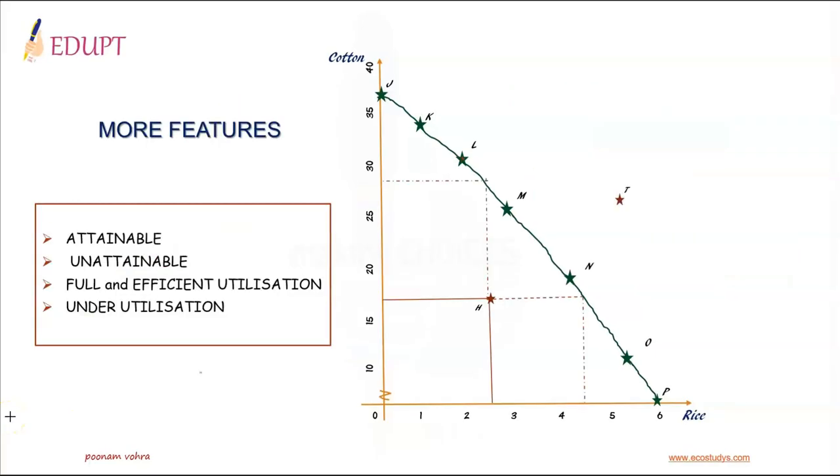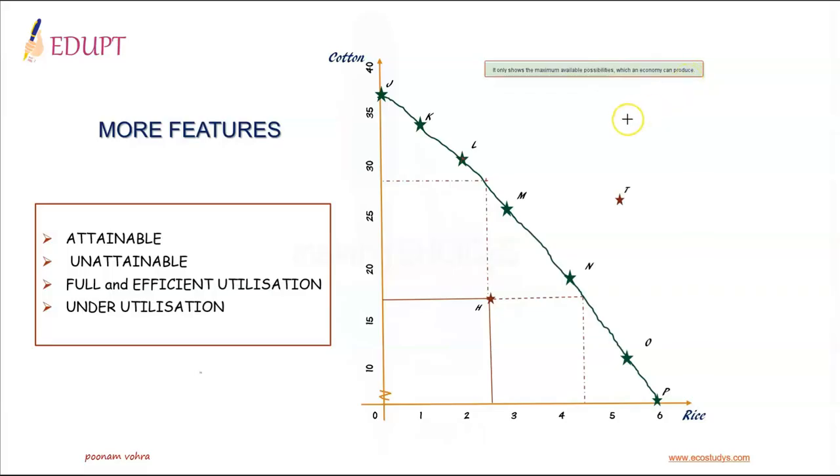One comes across the question of whether the economy will operate on the production possibility frontier. It must be remembered that the production possibility frontier does not show the point at which the economy will actually operate. It only shows the maximum available possibilities which an economy can produce.